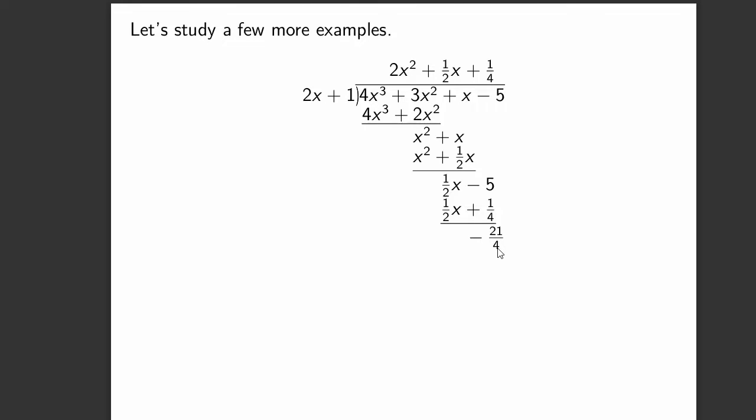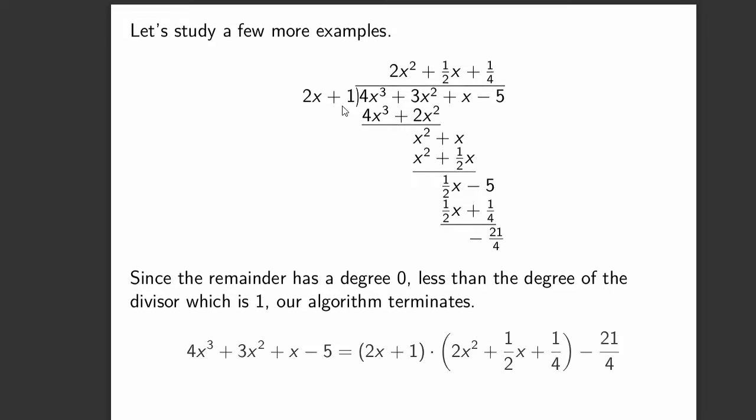So now note here that negative 21 over 4 is a constant, and therefore as a polynomial it has degree 0, and this polynomial 2x plus 1 has degree 1. So we have arrived at the remainder polynomial, which has degree 0, strictly less than the degree of the divisor, and therefore our algorithm here should stop.